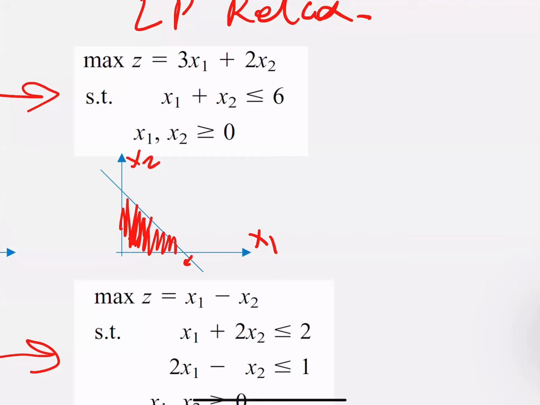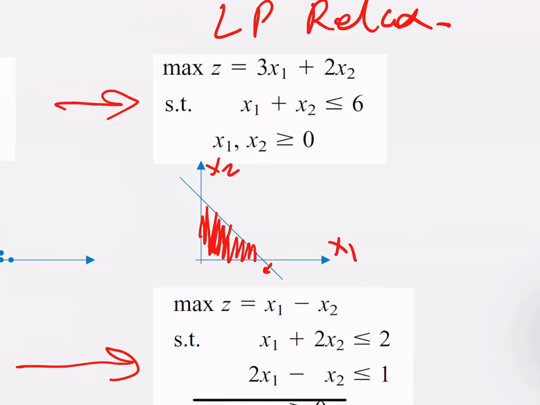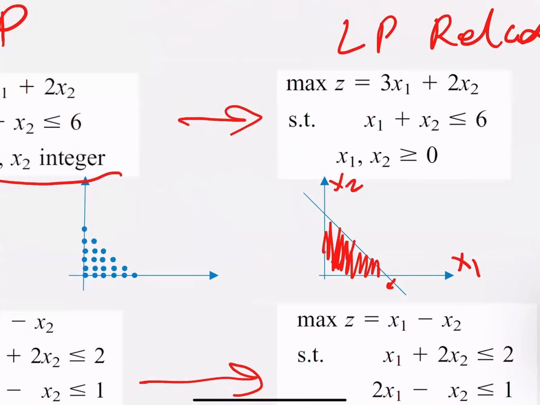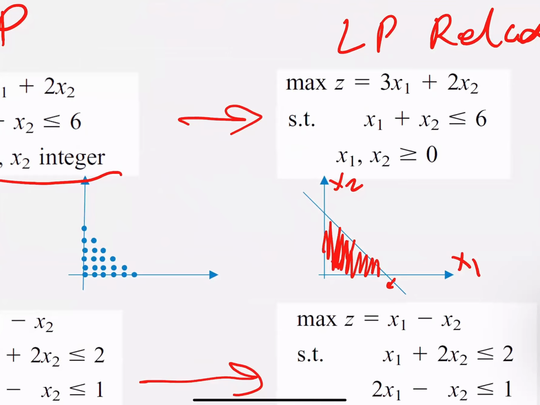When you say my variables are integer, your feasible region actually becomes a bunch of points. These points are 0,0, 0,1, 1,1, 1,0. So all of these, this is, for example, 6,0, this is 0,6, and so forth.